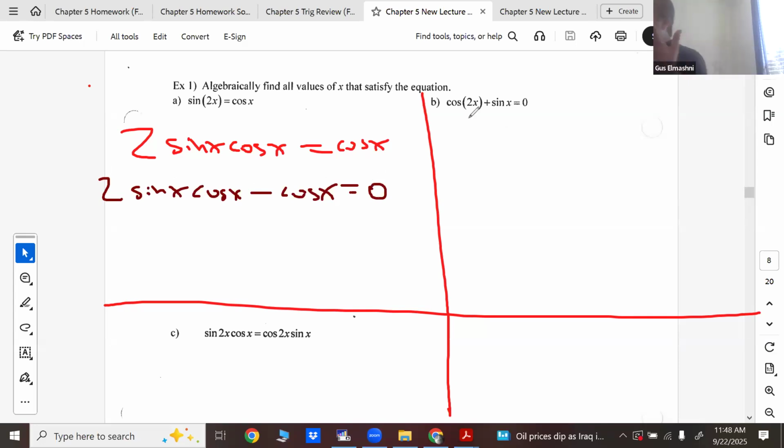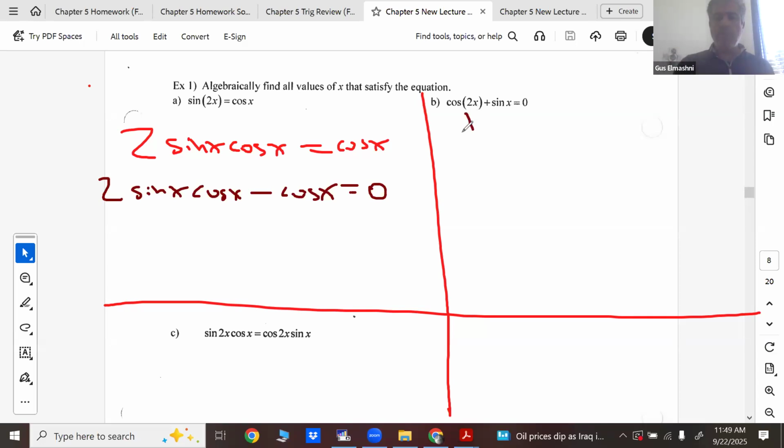Now cos 2x, remember we had 3 variations. One involved both sine and cosine, one had just cosine, one just had sine. So for part B, of the 3 variations of cos 2x, which would be the wisest to use? Of the 3 variations, one has cosine squared and sine squared, one has just cosine squared, one has just sine squared. Because you want all the same trig function.